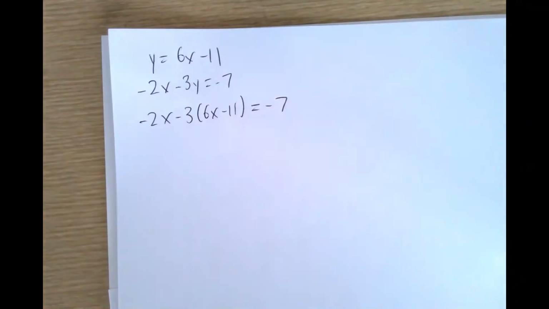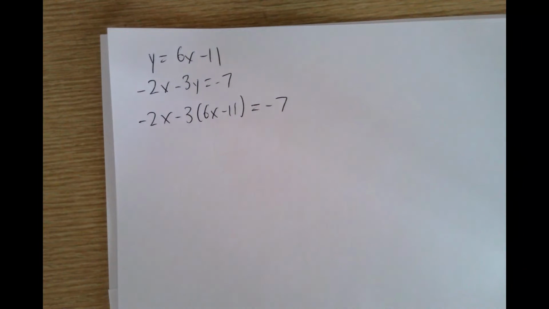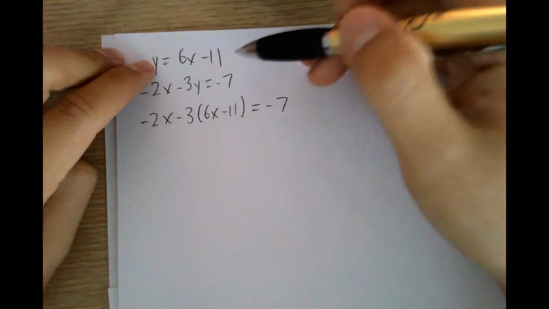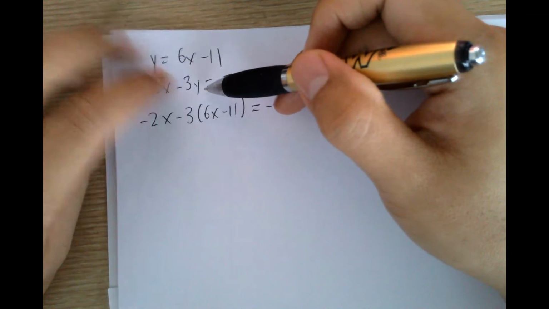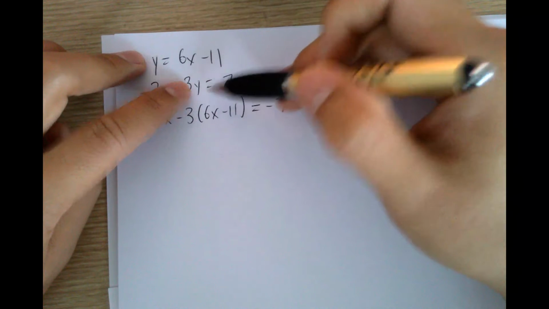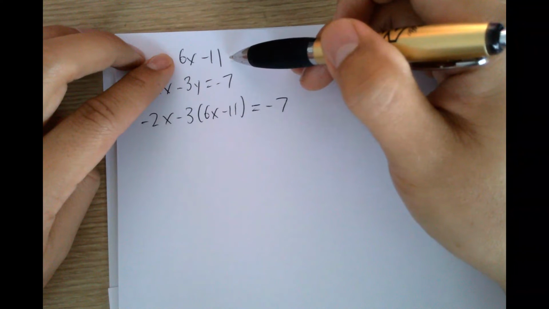The reason I can do this is that they will have the same value, and it gets rid of one of the variables. So in my first equation, I have y is equal to 6x minus 11, and in my second equation, I replaced my y value with 6x minus 11.